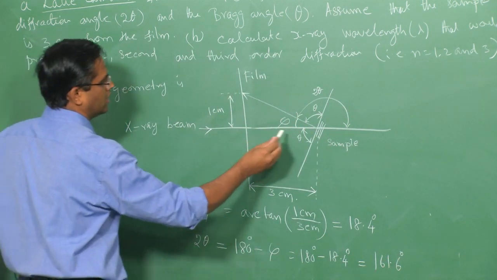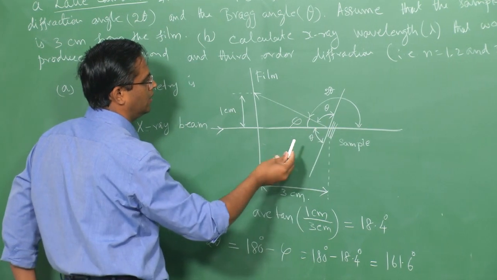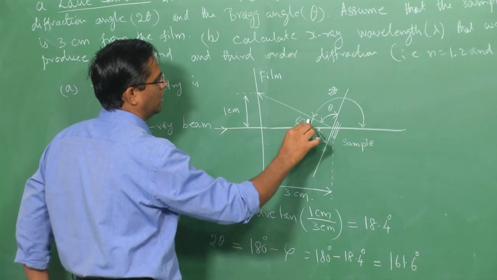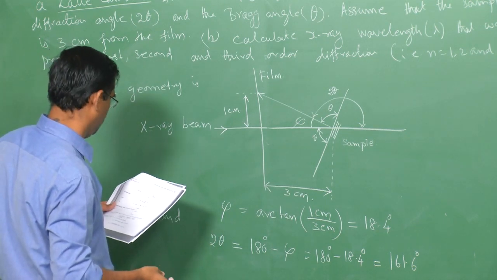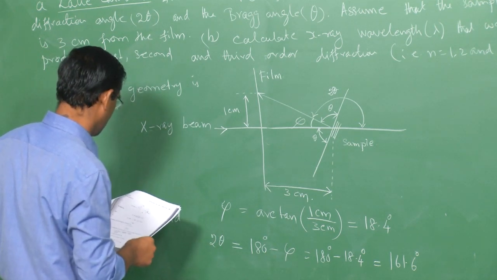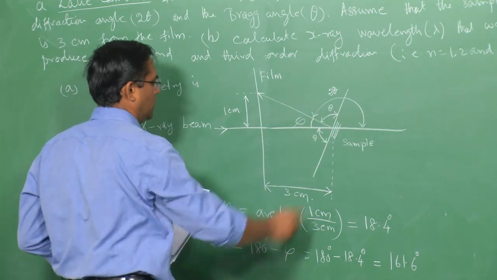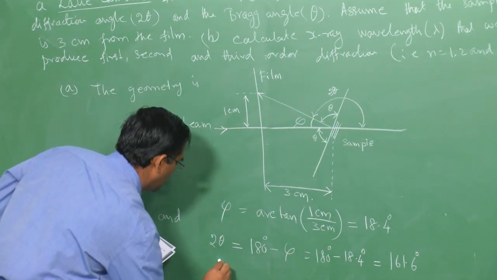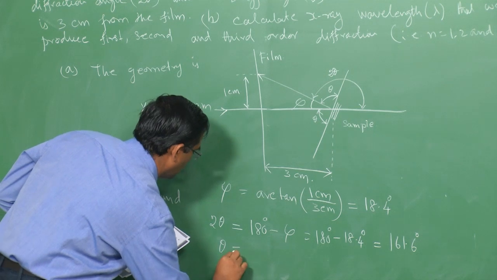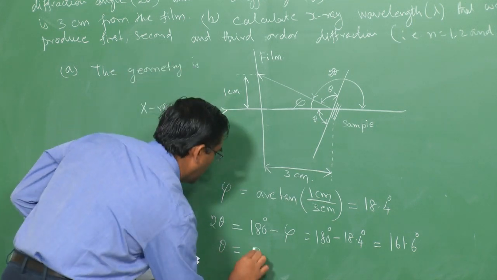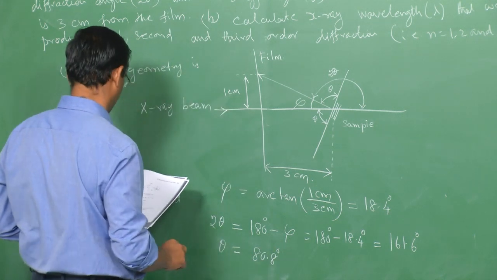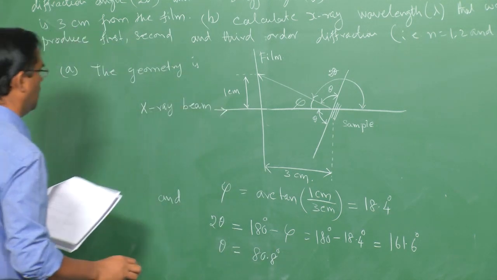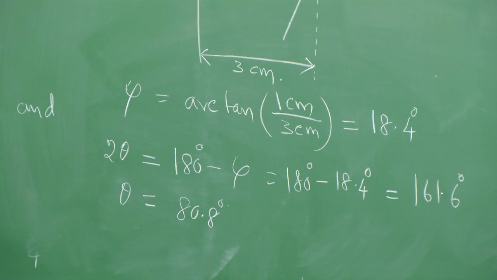So, we are interested in finding out theta. From 2 theta you will find theta is equal to 80.8 degree. So, very simple.